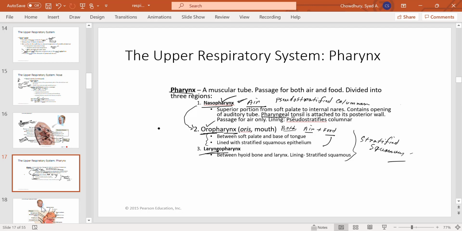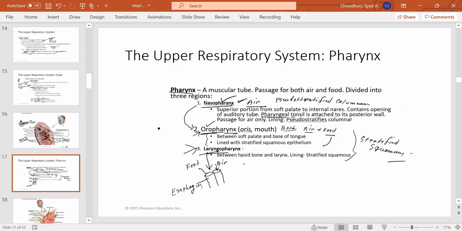Okay, and the oropharynx is the middle portion. From the oral cavity, the food first enters here, and then the food will pass through the laryngopharynx. Below the laryngopharynx, you have the larynx, right? From the laryngopharynx, air enters into the larynx, which is anterior, and food enters into the esophagus, which is posterior.